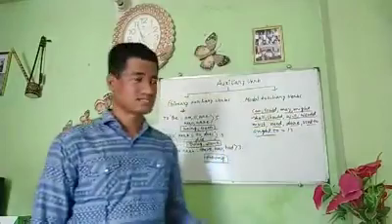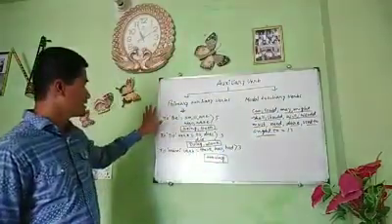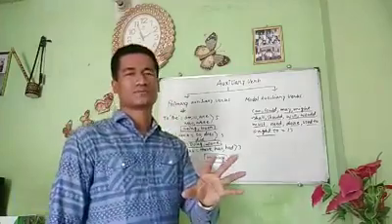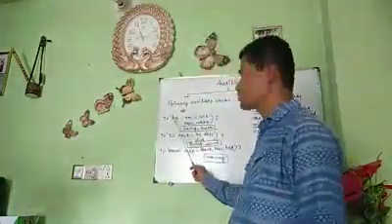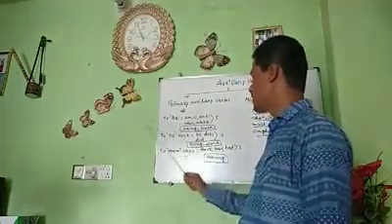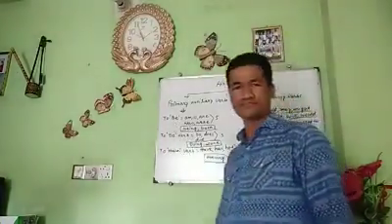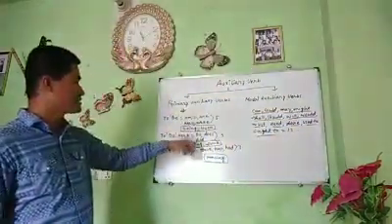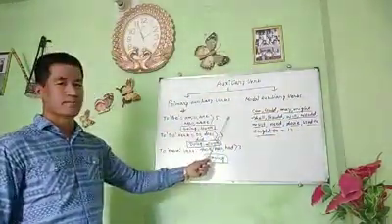So let's discuss how many types of primary auxiliary verbs there are. Primary auxiliary verbs are of three types in English: number one, to be verbs; number two, to do verbs; number three, to have verbs. To be verbs are am, is, are, was, were, five in number.